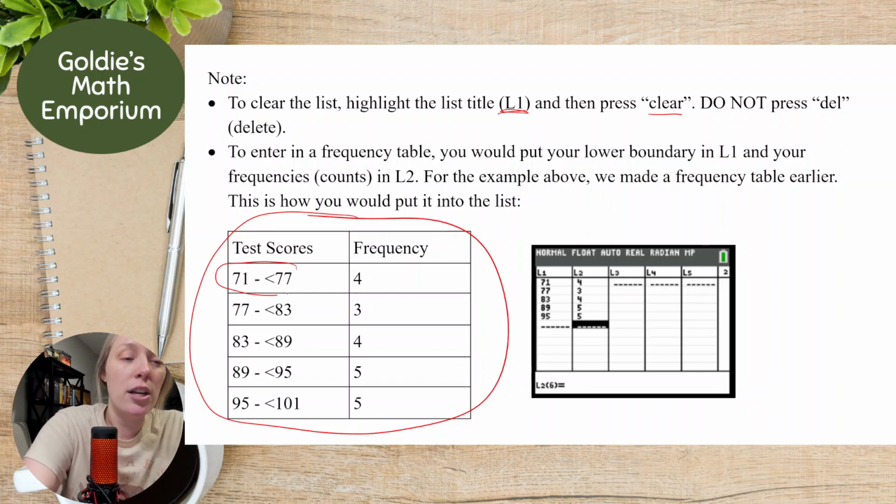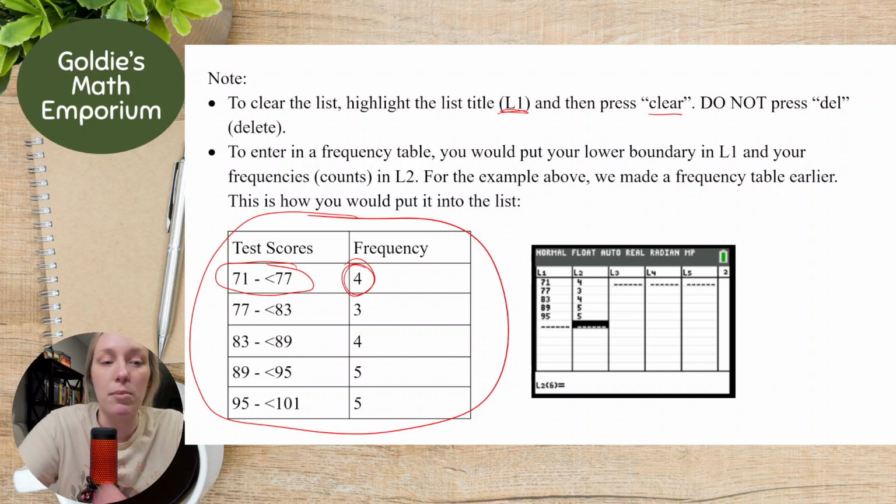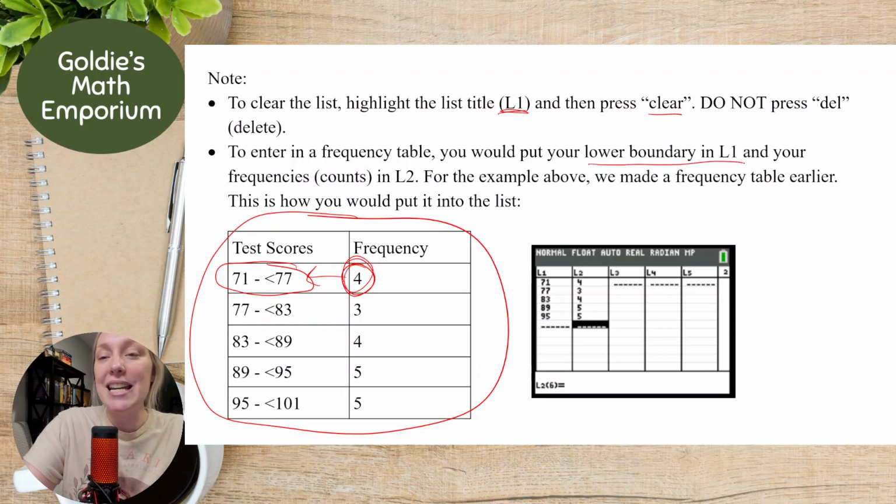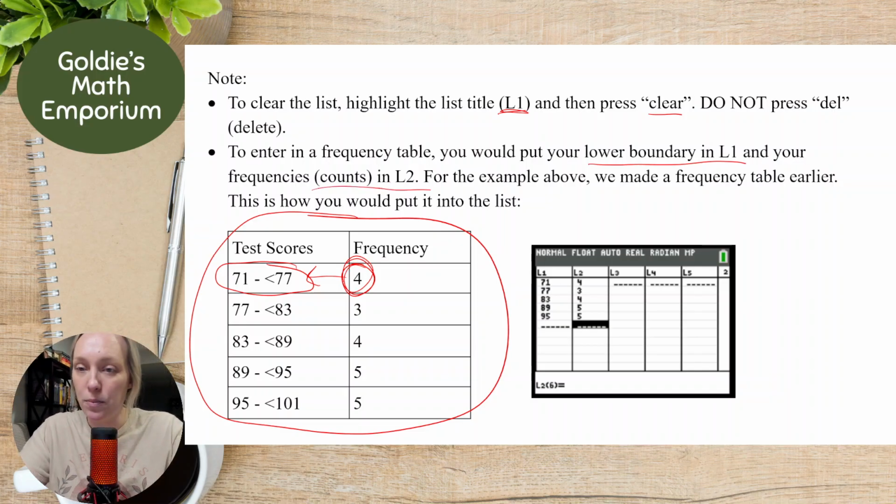In fact, you don't know what those individual values are necessarily if you're just given a frequency table. You know that 4 values fall in this range, but what are those 4 values? How can you enter them individually into your calculator? You can't, but you can enter in a frequency table, okay? So you put your lower boundary in L1 and your frequencies or your counts in L2, okay?